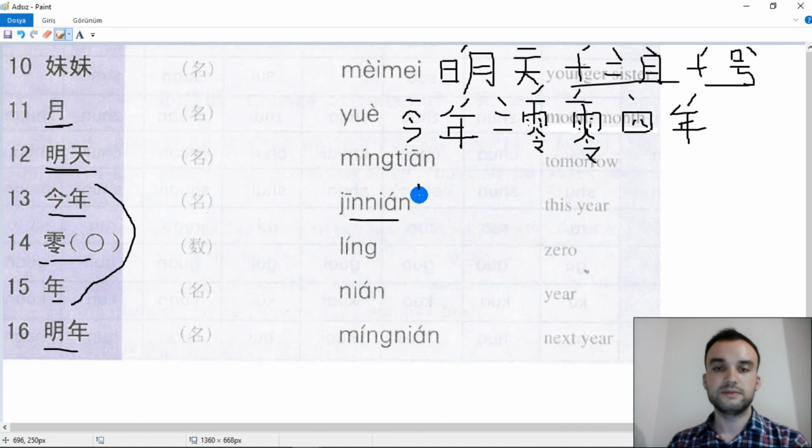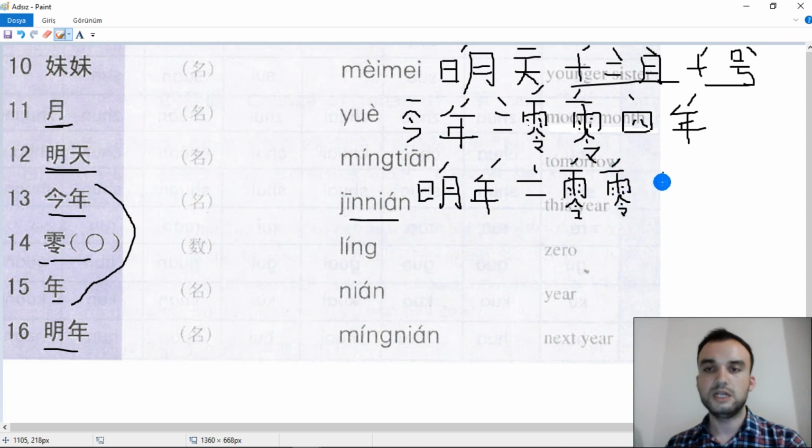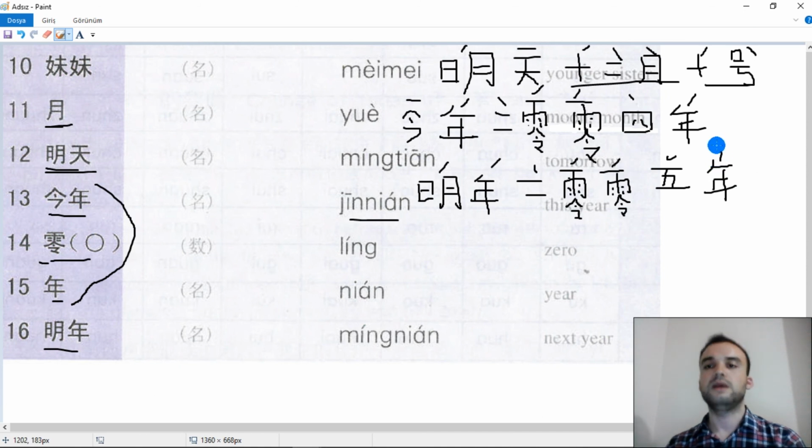Okay, I will write it here. ling, 5年. 明年 is 2005年. Next year is 2005.